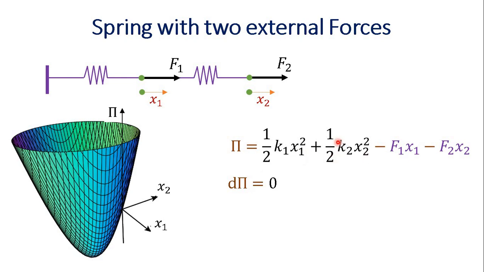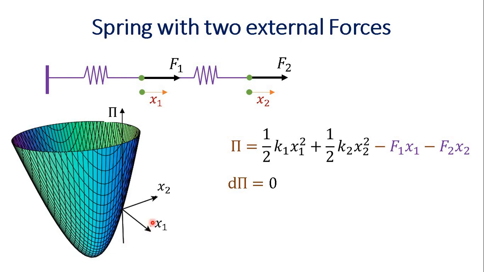There are two independent variables, x1 and x2. So at minimum point, whatever infinitesimal displacement we are taking in x1 x2 plane, the corresponding infinitesimal change in pi is always 0, right? So this minimum point is not with respect to x1 or with respect to x2, but pi is minimum with respect to any of those independent variables.